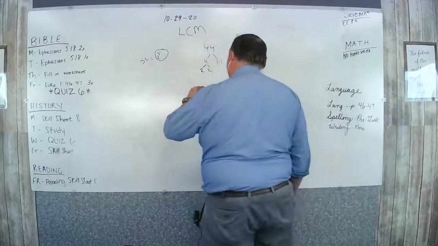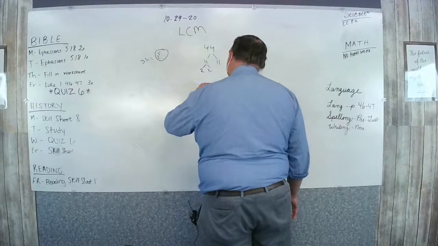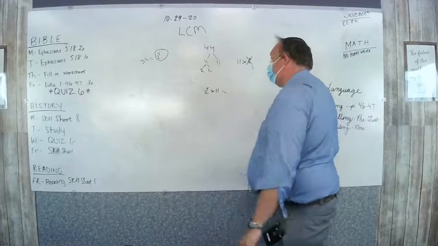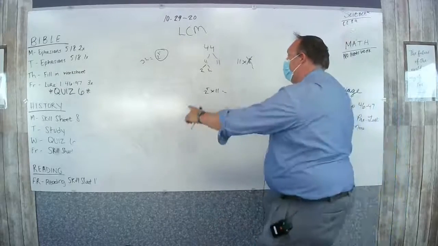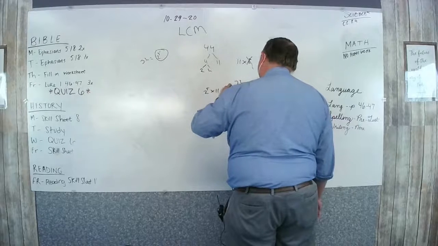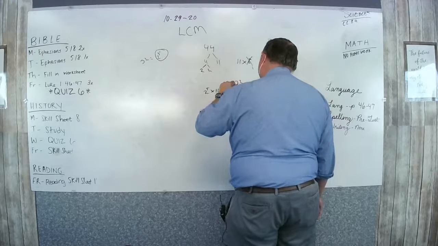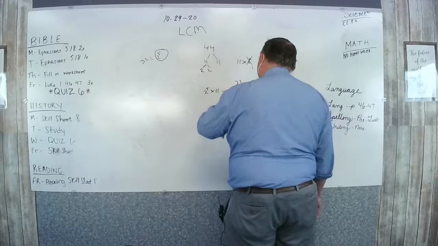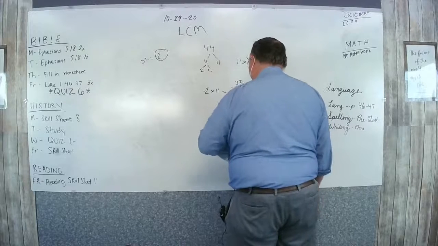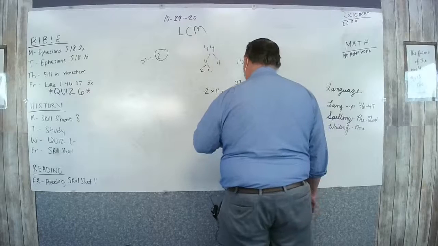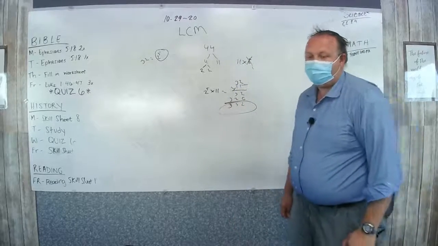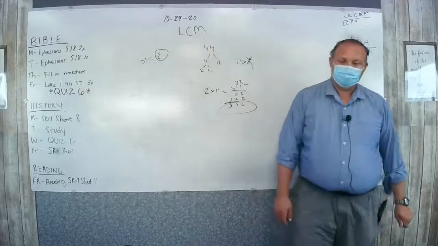So we're going to have 2 to the 5th times 11 equals, well, 2 to the 5th equals 32, so we have 32 times 11, which is 352. 352 is going to be your least common multiple.